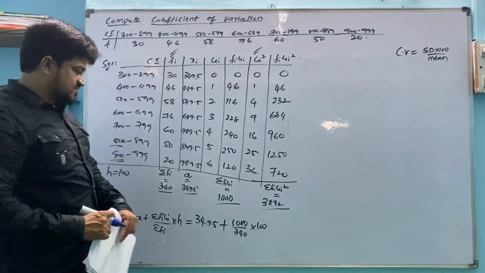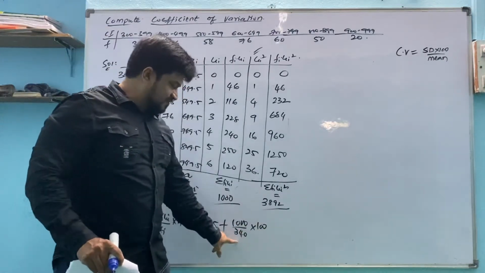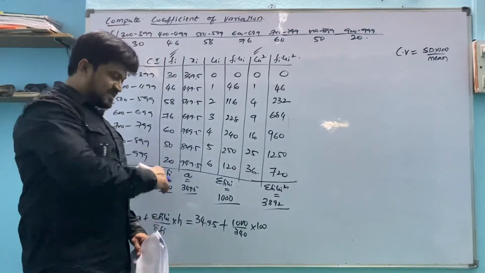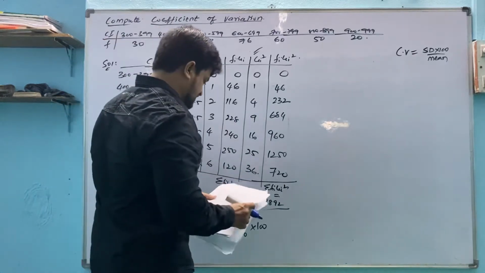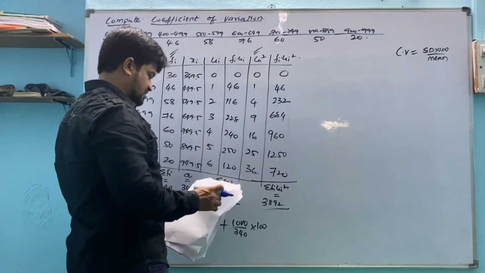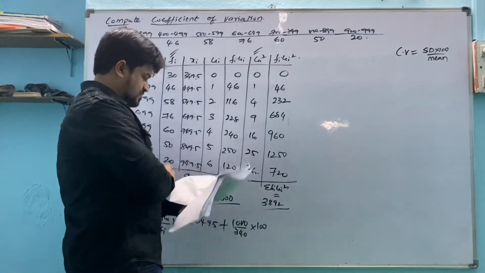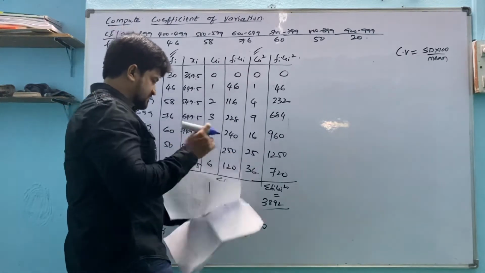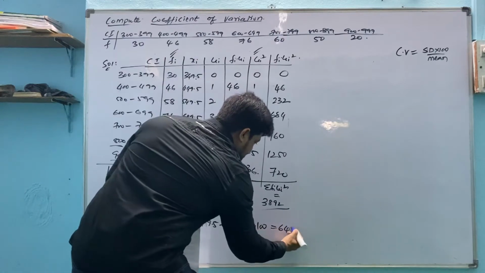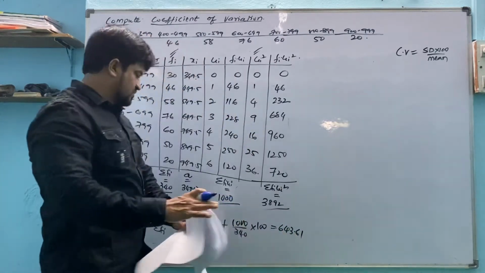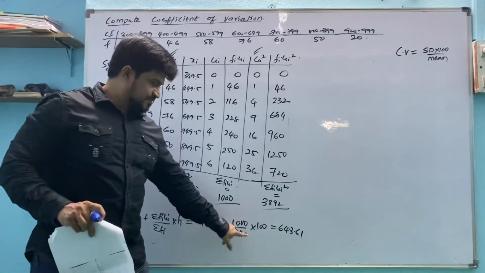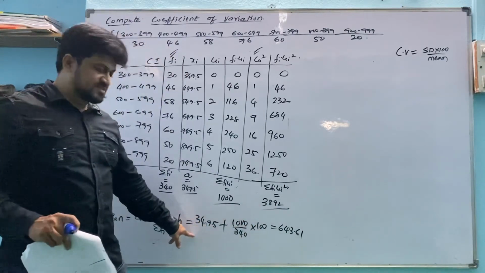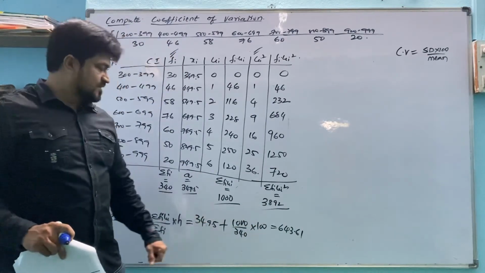First multiply 1000 and 100, divide by 340, plus 349.5. That gives 643.61. Divide, multiply by 100, plus 349.5.